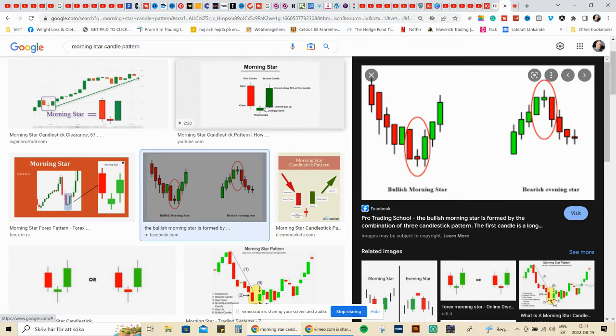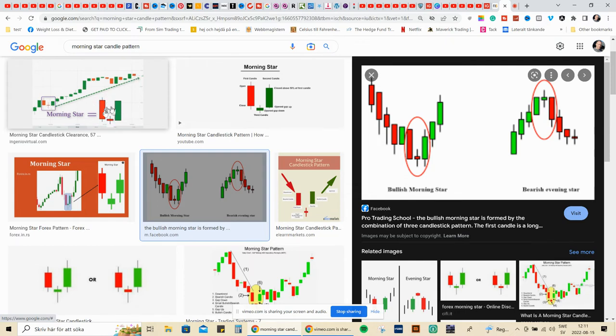This is not that common, so this is pretty good. Usually this one is stronger if it has gaps. This is also a morning star formation you can see here. This is a high close, and you can see it here as a trend continuation for this long trend.